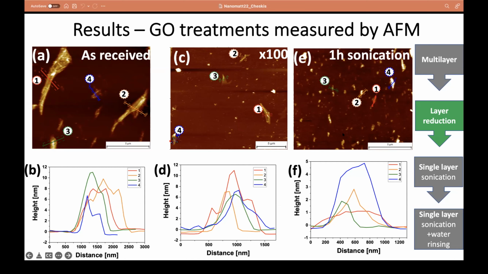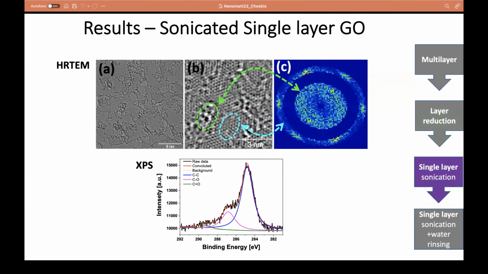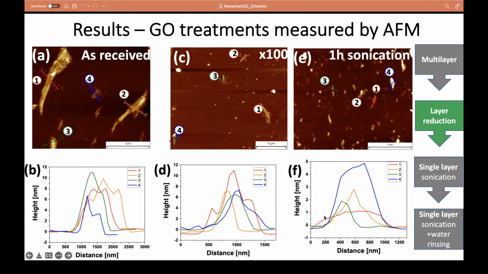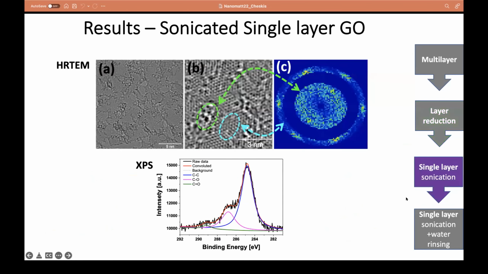With 1 hour sonication, we almost get a single layer of graphene oxide. So we take some flakes that are close to 1 nanometer and perform high resolution TEM, transmission electron microscopy measurements.